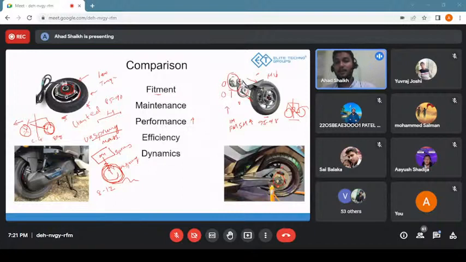So you get a better ride quality here. Okay, so hope you guys got this point. Yes, sir. Cool, amazing. So that's how, from a dynamics perspective, we can go with the mid-drive motor.